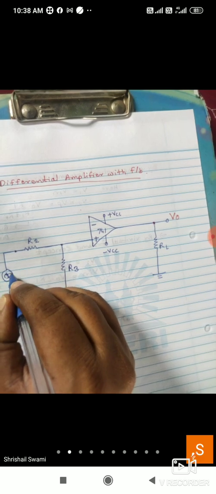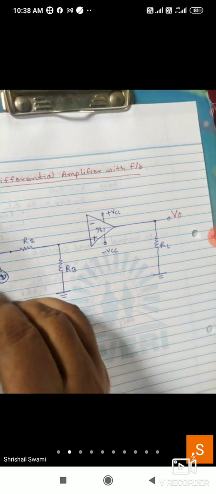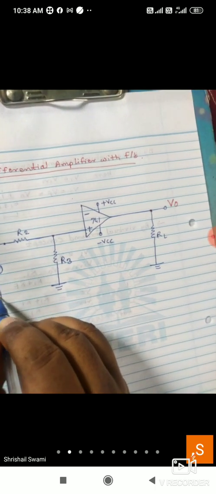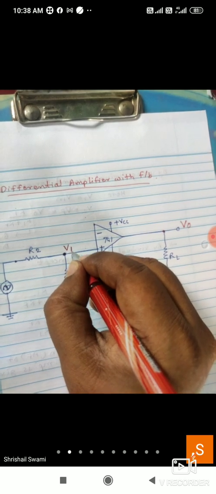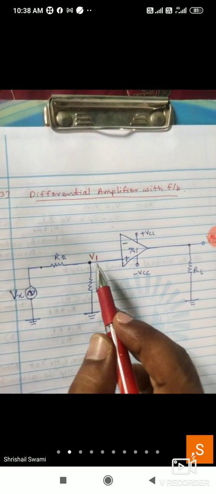AC or DC, you can take any. Suppose you are taking an AC signal. So this is the Vx signal applied at the non-inverting terminal. Input is Vx, but the voltage present at the non-inverting terminal is V1.